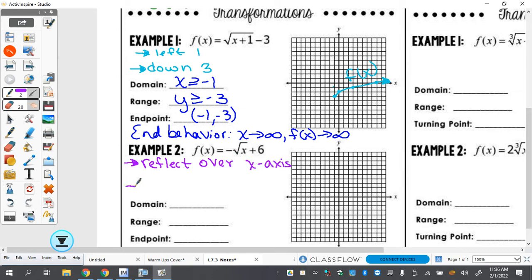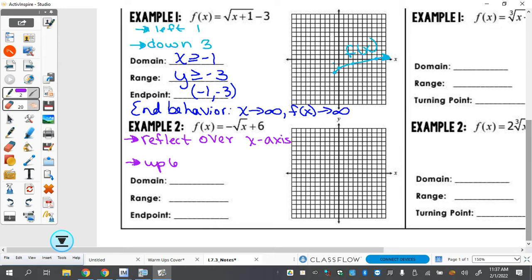And then the +6 makes that graph go up 6. So again, if I take my parent function, my first point was right here at 0, 0. If I reflect it, it's still at 0, 0. So I go up 6.